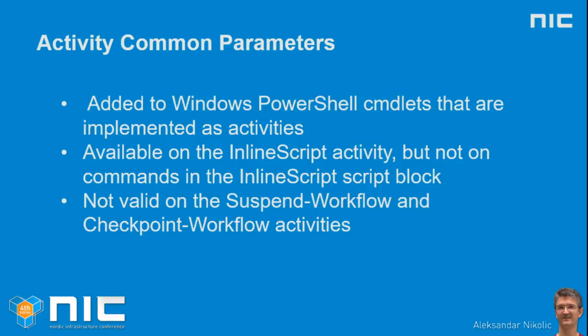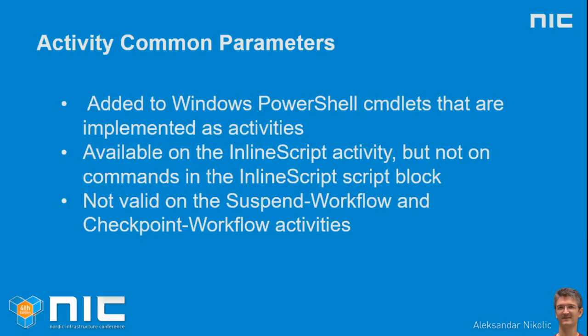As we have common workflow parameters, we also have common activity parameters. And that's pretty cool, because then you can, on an activity level, pass some values and get some results that were not possible before. And there is no way for you to parameterize that, so you get that free.